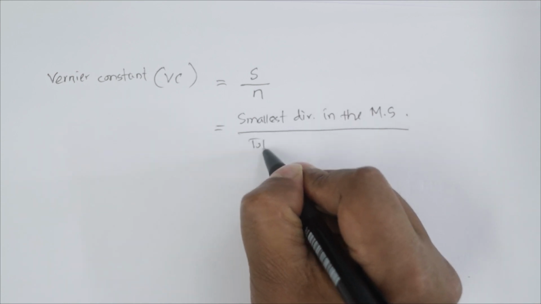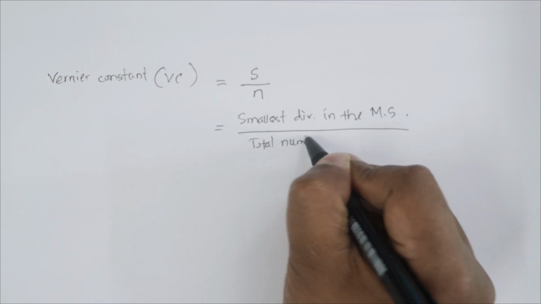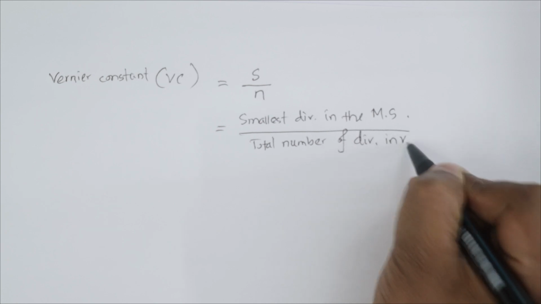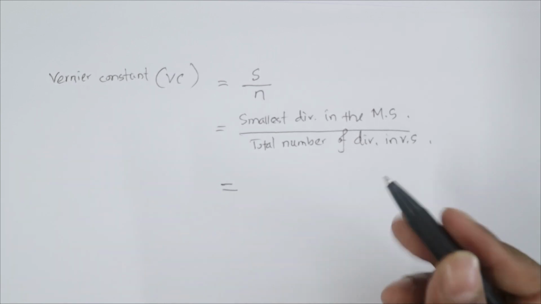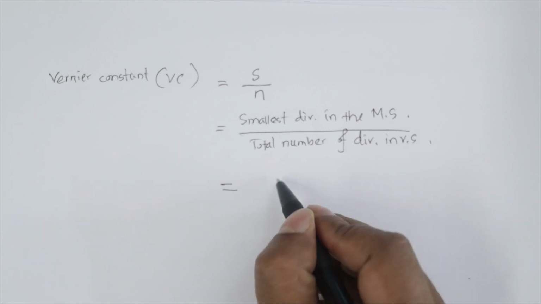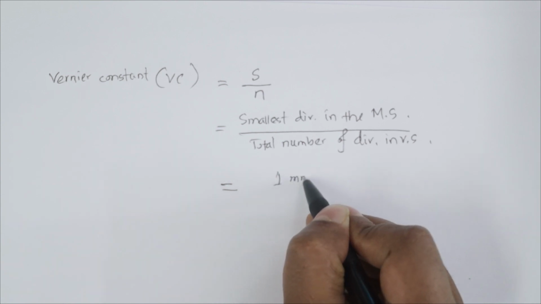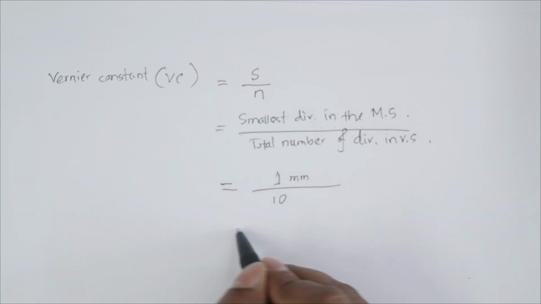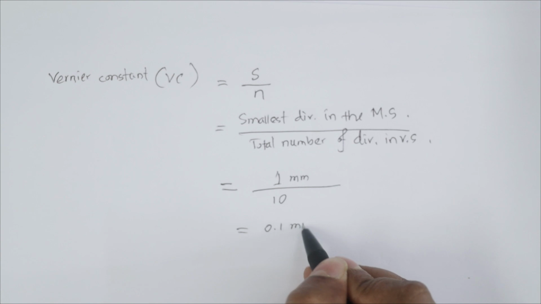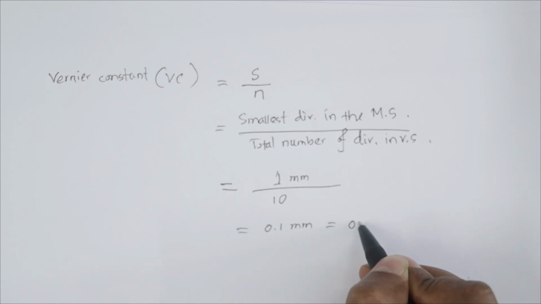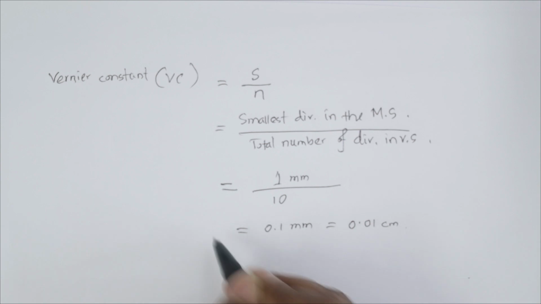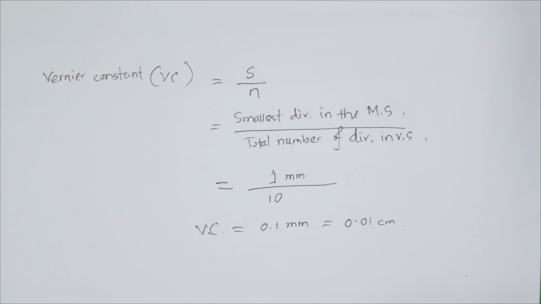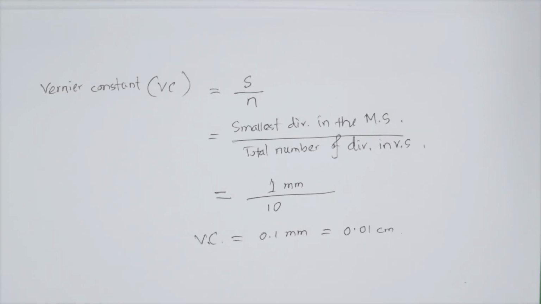So the smallest division in the main scale is 1 millimeter. The total number of divisions in the vernier scale is normally 10. So VC is 0.1 millimeter, or 0.01 centimeter. This is the Vernier constant, the uncertainty or resolution of the vernier scale.